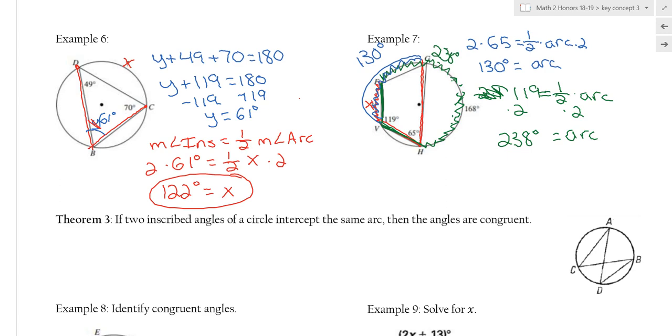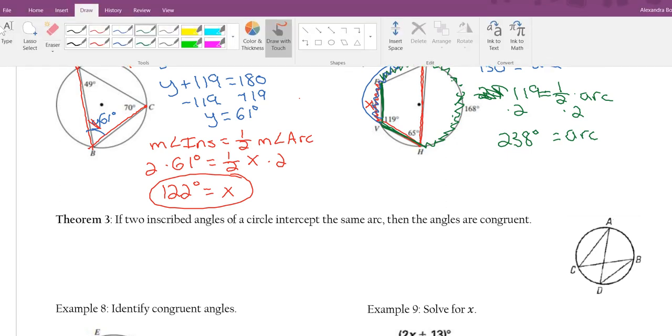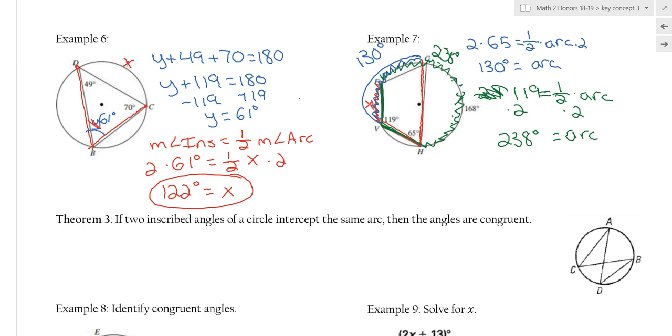Okay. Now from that 238, I'm going to take away that 168 degrees, and we get 90. So just this section right here is 90 degrees.